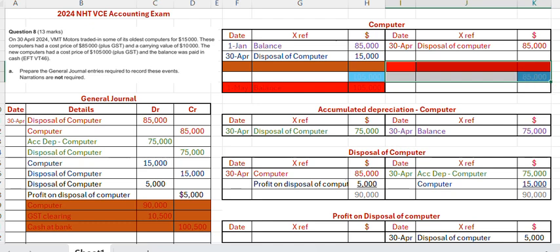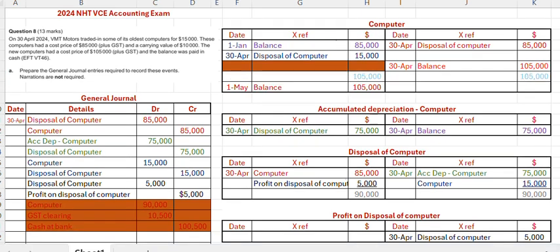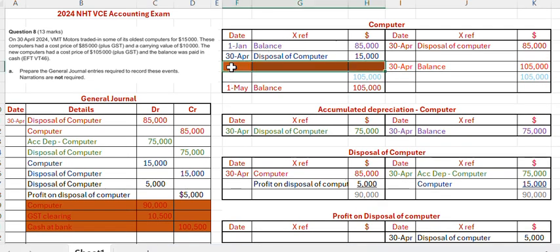What we need to end up with is an asset that's worth 105K, the new asset that is. So therefore, if we backtrack to work out the amount that's actually being paid in cash for this computer, then we're actually only paying 90,000.